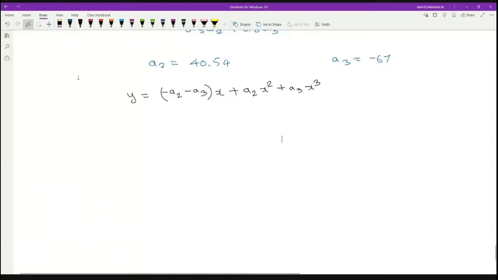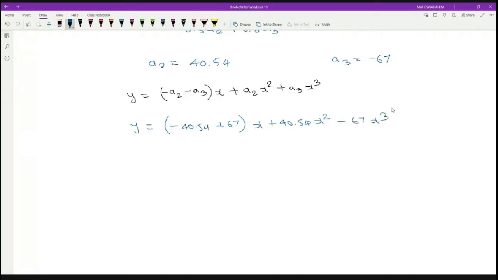What is my y now? So my y is different now. So y is equal to minus 40.54 minus of minus plus, right? Plus 67 into x, plus 40.54 x square and minus 67 x cube, right?